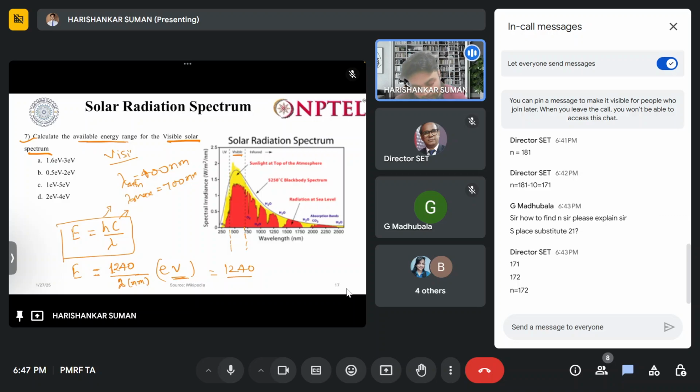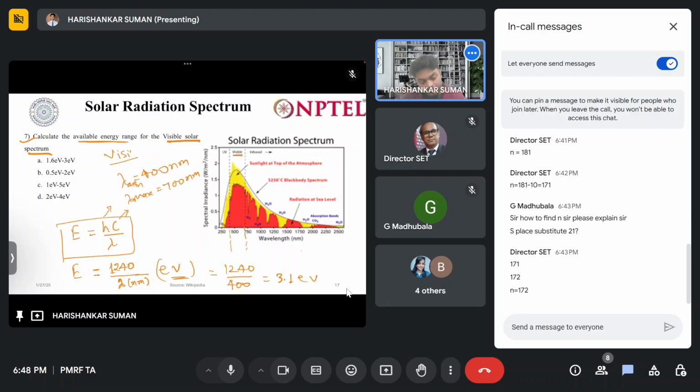Now put lambda in this equation. Please solve. What is the value? In electron volt.